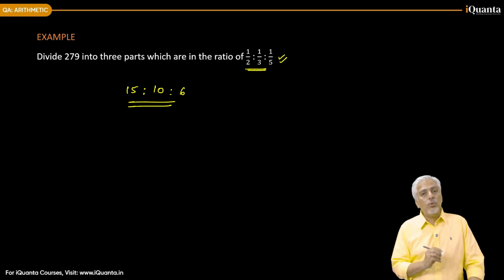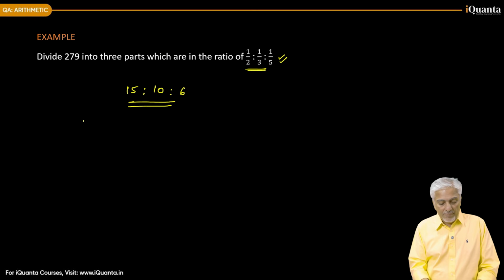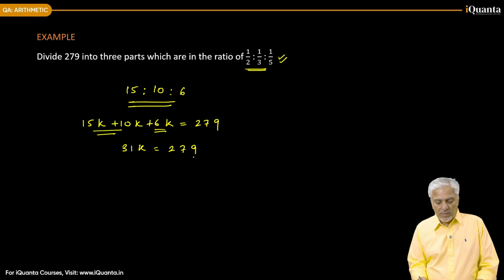So basically divide 279 into 3 parts. How can you do? Two approaches. You could take the first part as 15k, 10k and 6k. One method, 15k plus 10k plus 6k is equal to 279. That becomes 25, 25 plus 6 is 31k. 31k is 279.